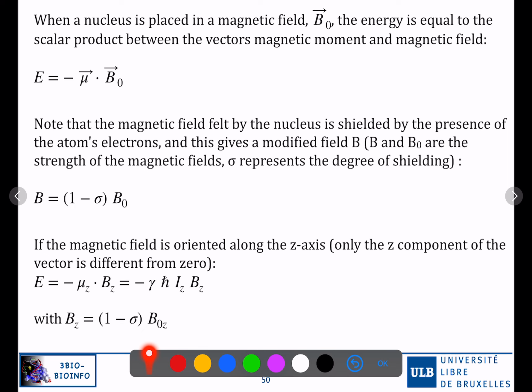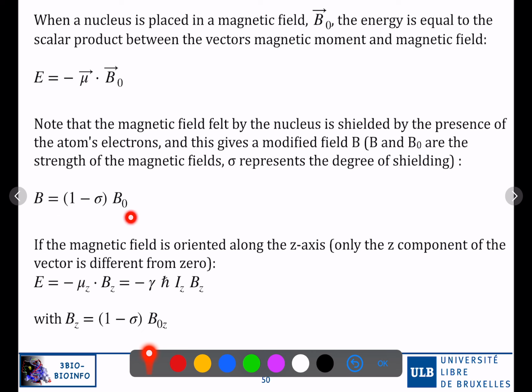So the magnetic field felt by the nucleus is partially shielded by the electrons around the nucleus. So in fact, the nucleus will not really feel the B0 magnetic field, but a magnetic field that is slightly attenuated compared to B0.